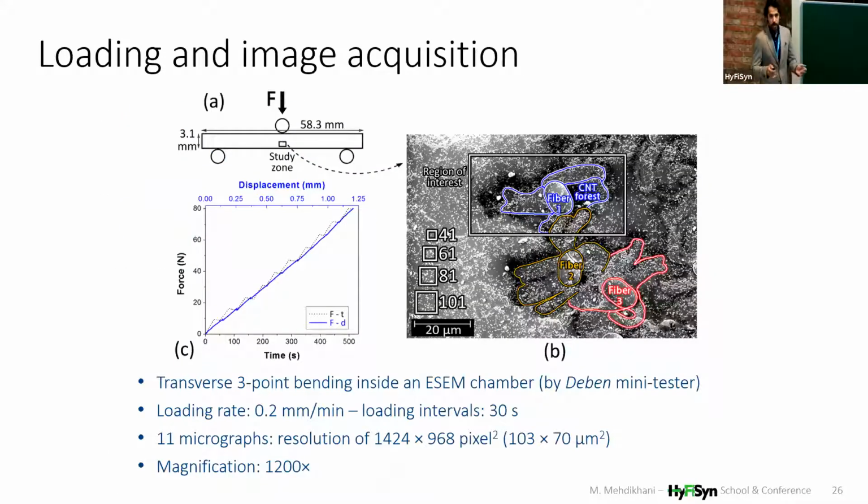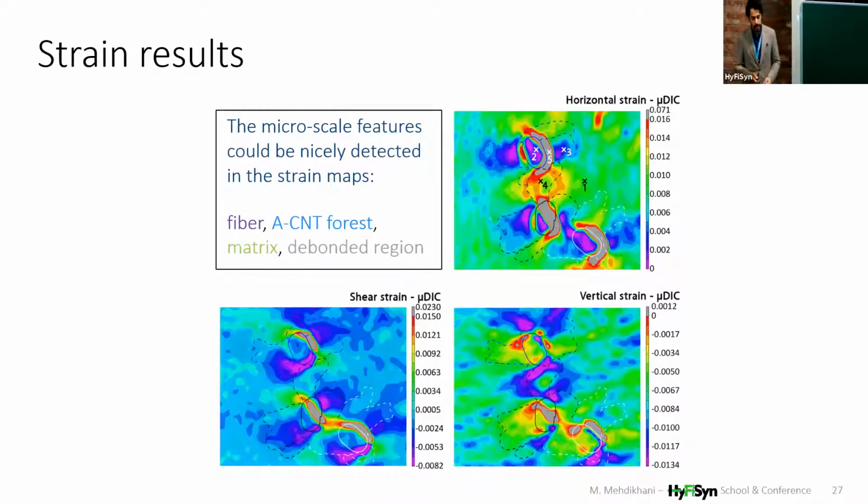So the same story, I'm not going to explain the details of the speckling and sample preparation. We just speckle this sample and put it inside the electron microscope under our mini tester stage. And again, looking at this study zone and interrupting the loading, we obtained a number of images on which we could apply DIC, and this is the result.